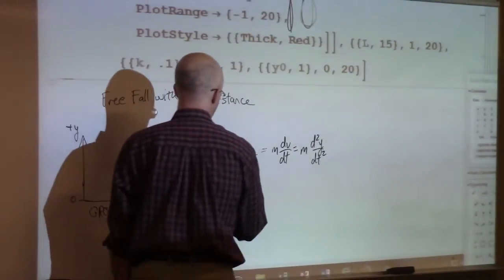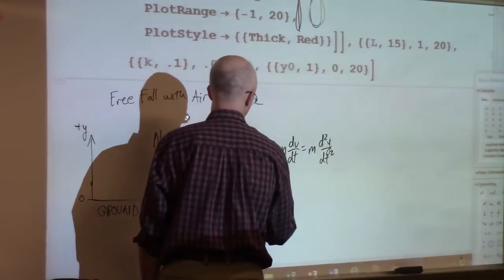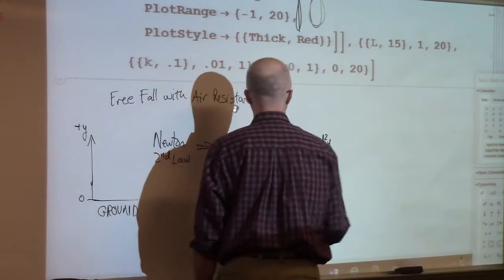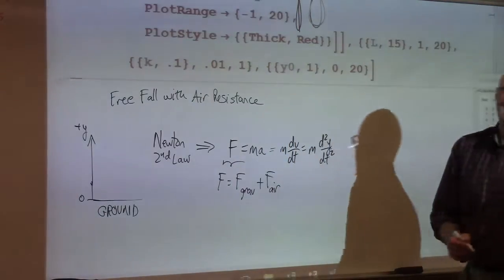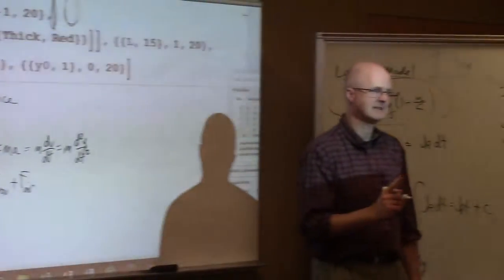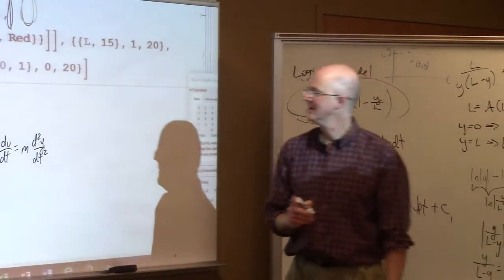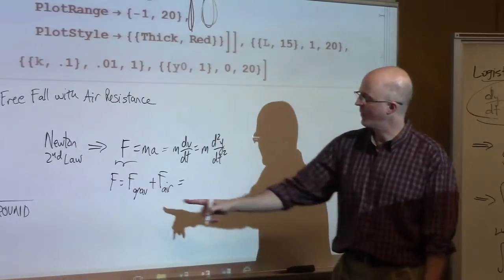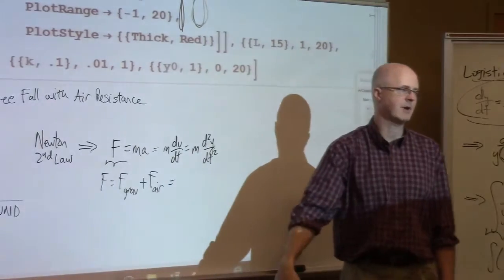What is F? F equals F grav plus F air. And we need to think about getting the direction of these things right, getting their signs right. Positive y direction is upward, so the force due to gravity points in the negative direction.